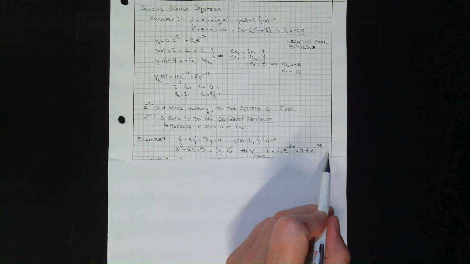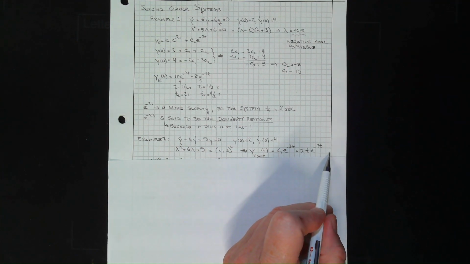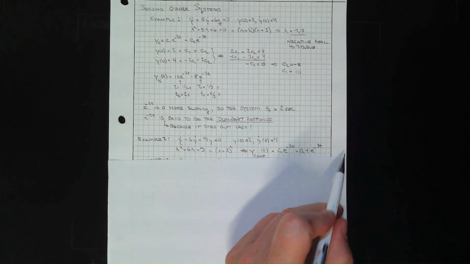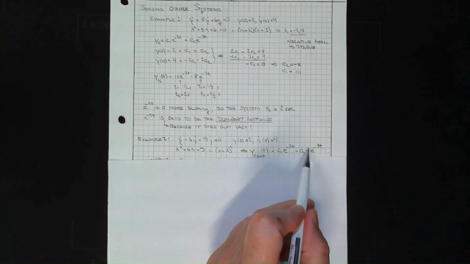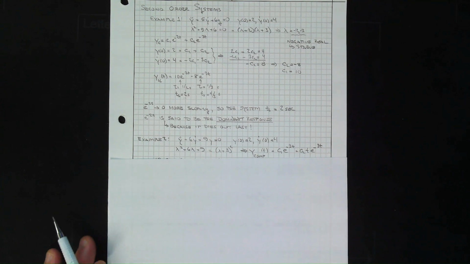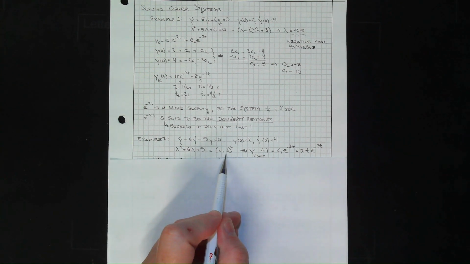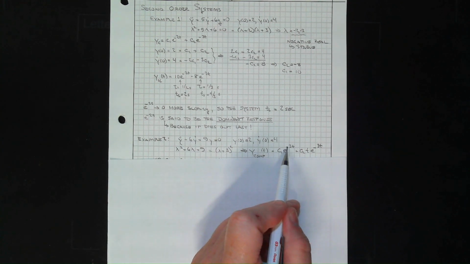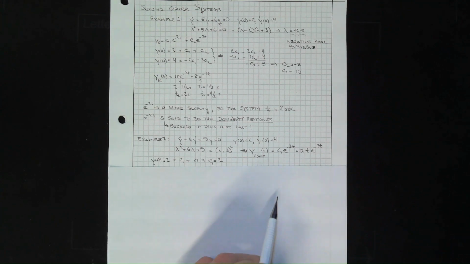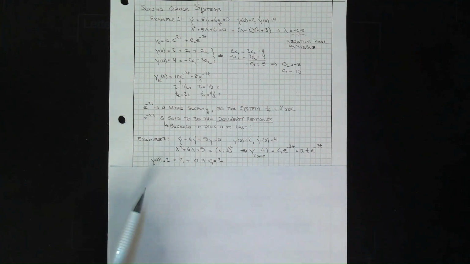Well, then you'd have a c3 t squared e to the minus 3t. So we just keep adding terms as you go. So we have one set of repeated roots, so we have an e to the minus 3t, and then you add a t in on the second one. All right? So that's why I wanted to do a little bit more. Okay, so we know how to handle that now.